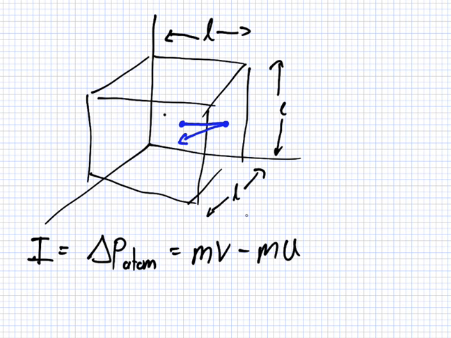Now, if we say the collision is perfectly elastic, the speed before the collision is v, and then after the collision it is minus v. So then this will be mv minus minus mv, which is 2mv. Could you repeat that? Yes.